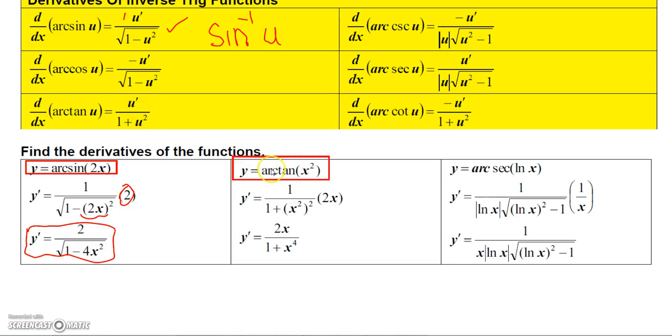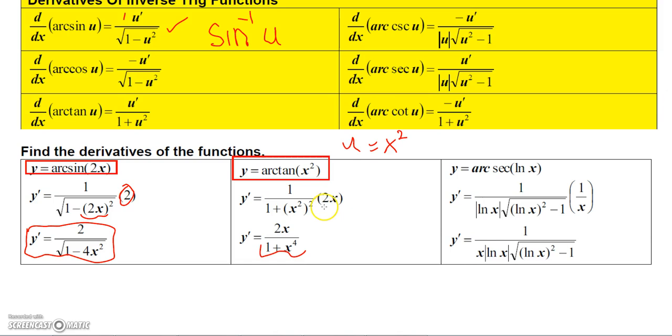Well, now in this case, I know my u is x squared. So if I do 1 over 1 plus u squared, that would be 1 over 1 plus x squared squared, which would give me 1 plus x to the 4th in the denominator here.